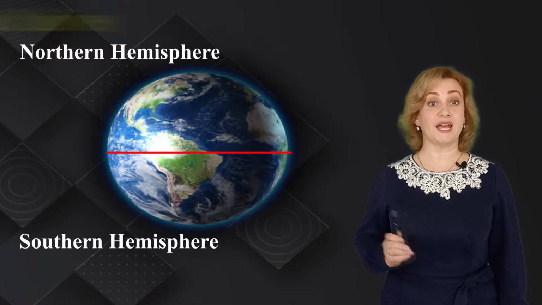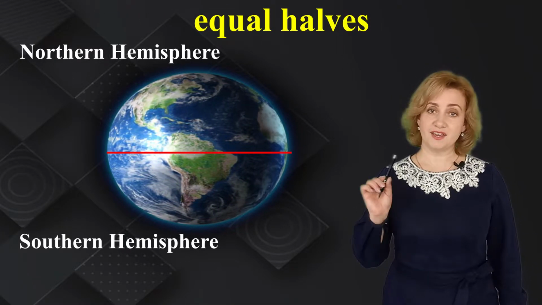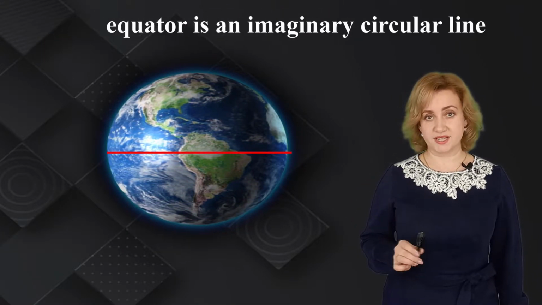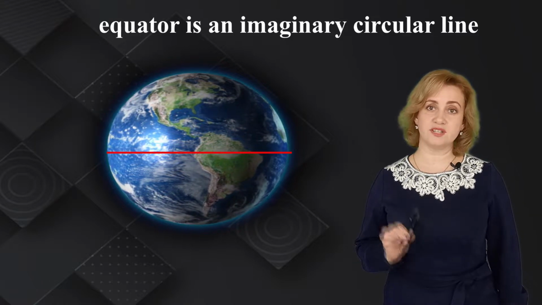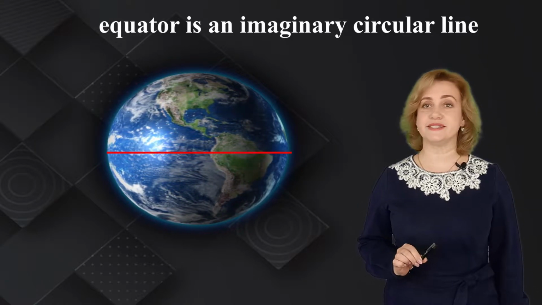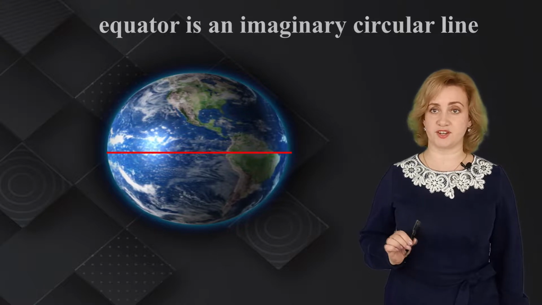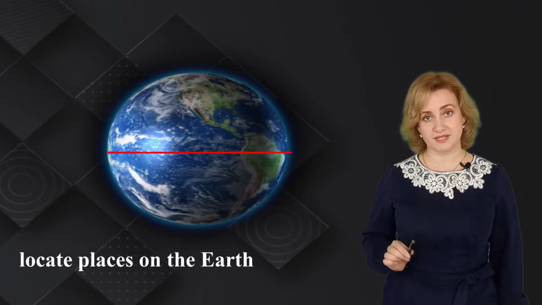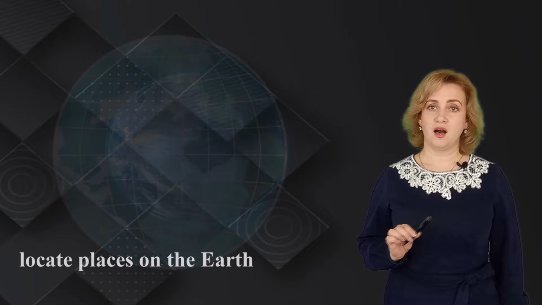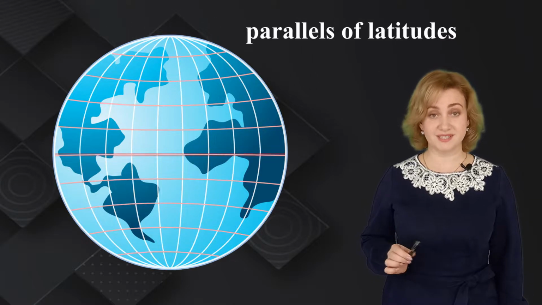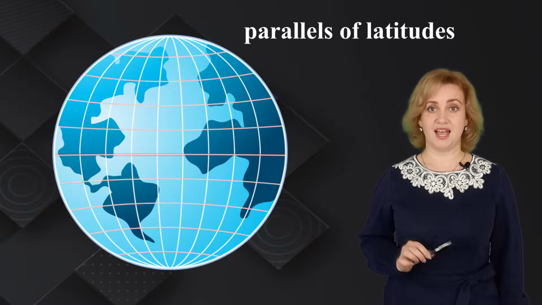They are both equal halves. Therefore, the equator is an imaginary circular line, and it is a very important reference point to locate places on the Earth. All parallel circles from the equator up to the poles are called parallels of latitude.